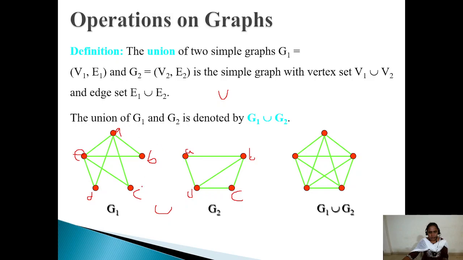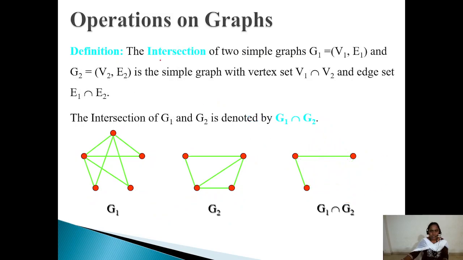How many vertices? 1, 2, 3, 4, 5, and again 1, 2, 3, 4, 5. Here B is not connected to C, and C is not connected to D. So G1 union G2 is connected across A, B, C, D, E. We combine the two graphs: B to C is connected, C to D is connected. This is the union graph.